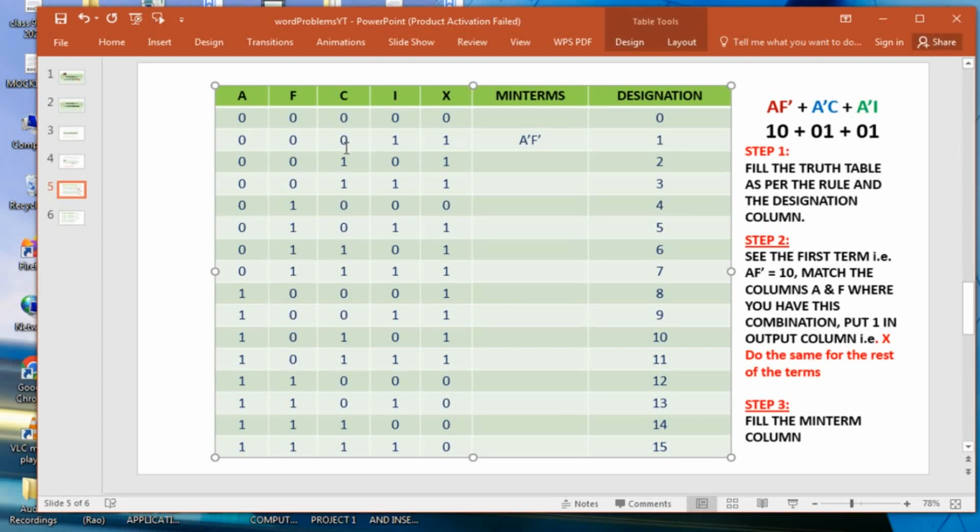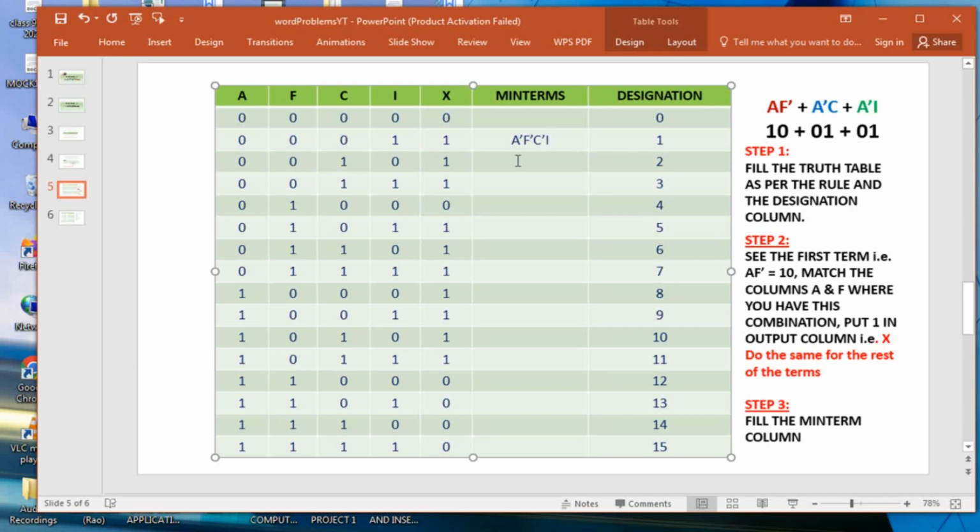Then I'm writing what? C, okay, C is also complemented, so C complement, and then I is what? Simple, normal. It is not complemented.